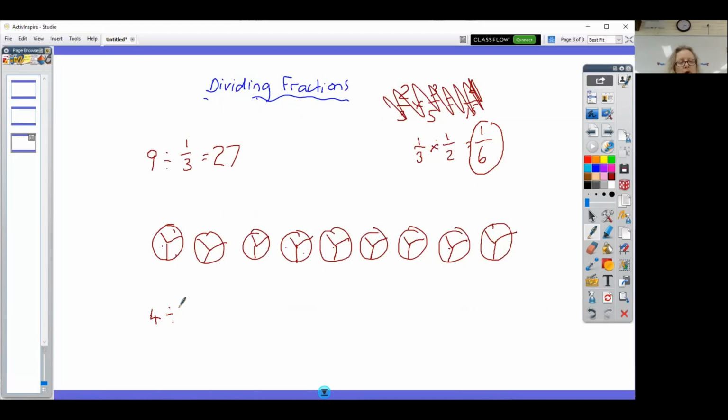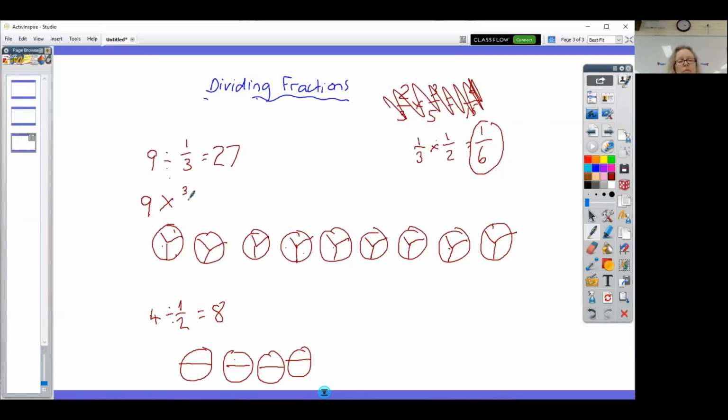Let's do 4 divided by a half. That is, how many halves in 4 things? Here's 4 things, 1, 2, 3, 4. Let's count the halves: 1, 2, 3, 4, 5, 6, 7, 8. Now, when you divide fractions, it's really, really easy. 9 divided by 1/3 is the same as 9 times the reciprocal of 1/3.